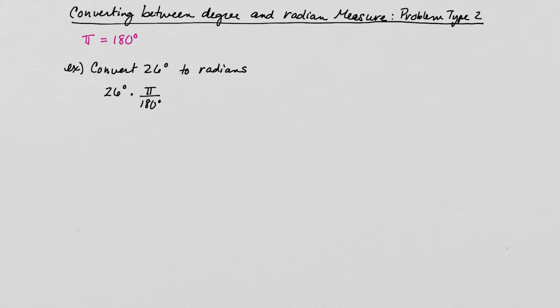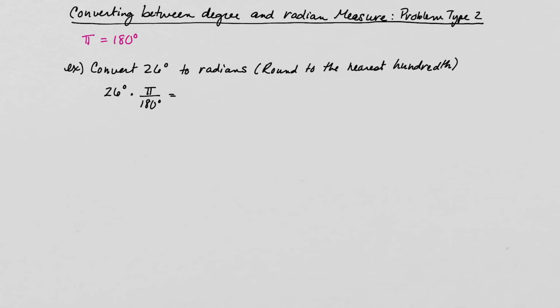As a matter of fact, I didn't write the rest of this, but the problem actually says round to the nearest hundredth, because otherwise you just don't get a nice number here. So when you multiply this out, you don't want to use 3.14 for pi.